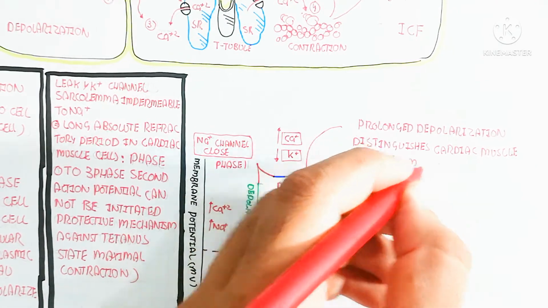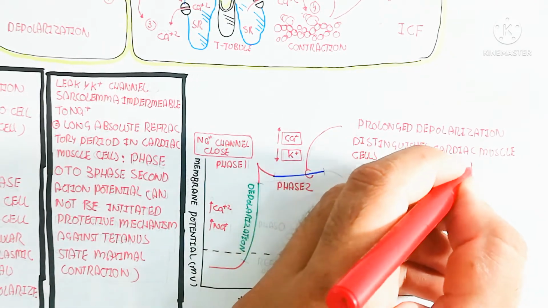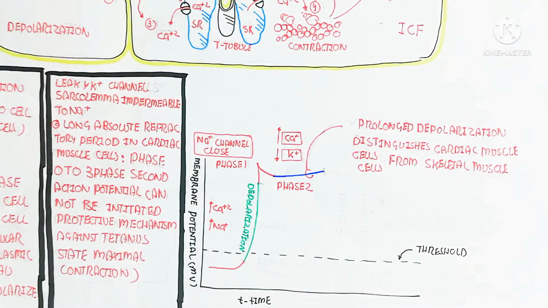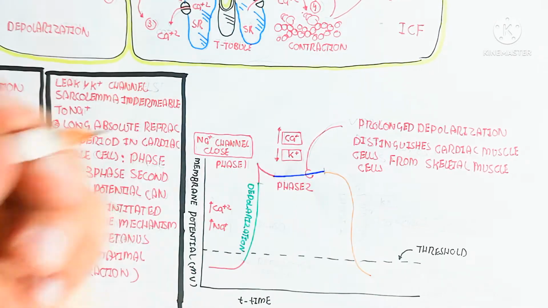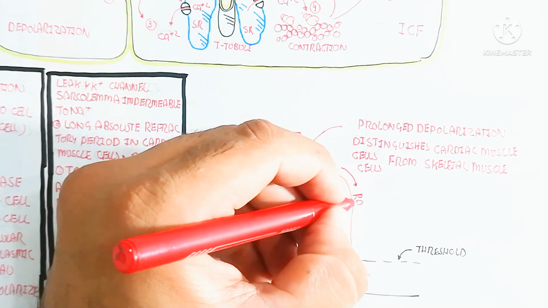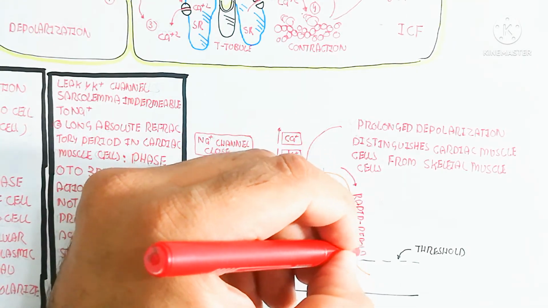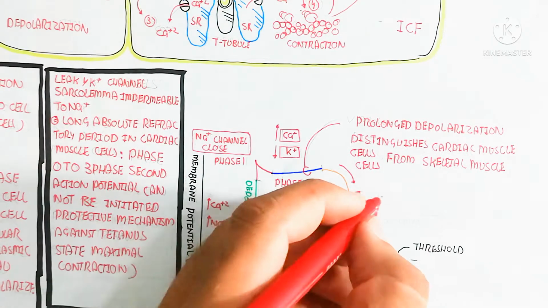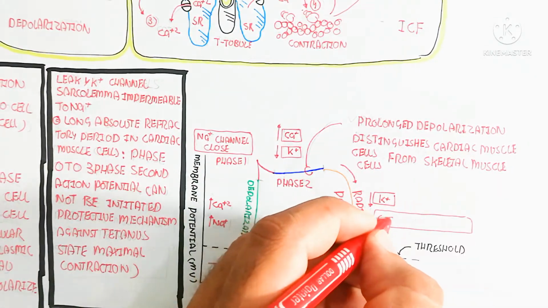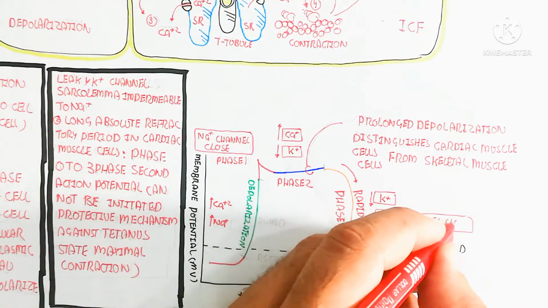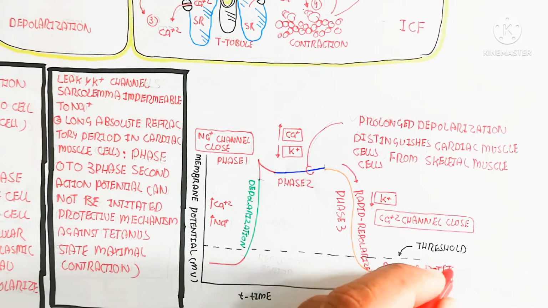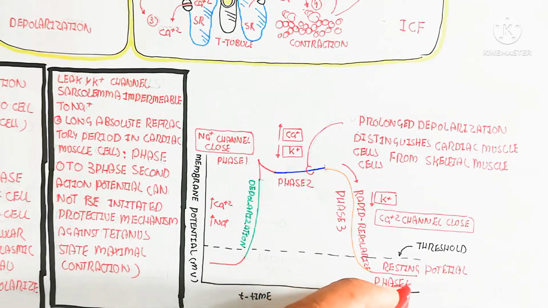After phase 2, the plateau phase, phase 3 occurs. Phase 3 is the rapid repolarization. During repolarization, potassium decreases in the cell and the calcium channel closes, so more calcium will not move inside, and the decreasing charge leads the potential to move down to the resting potential.